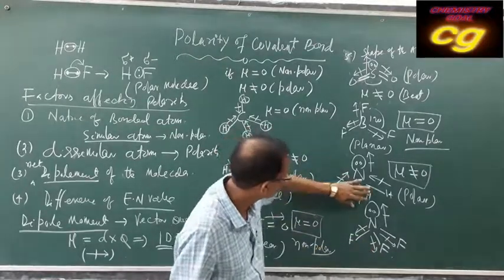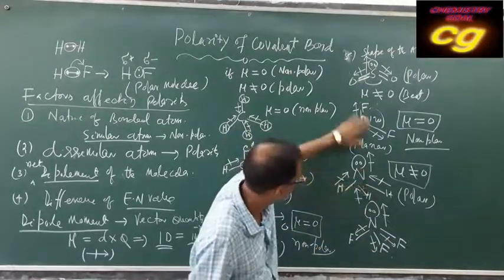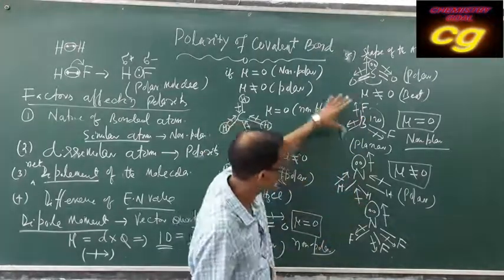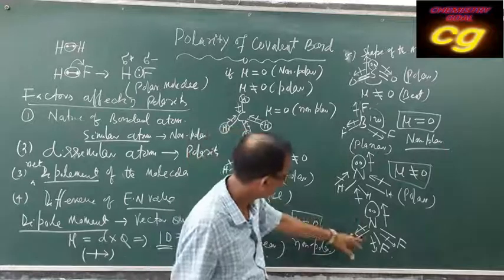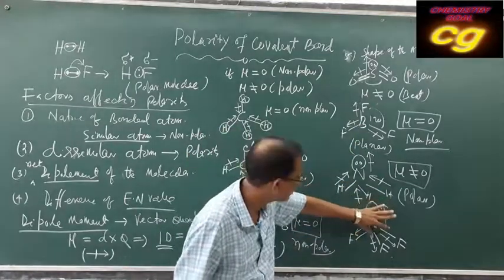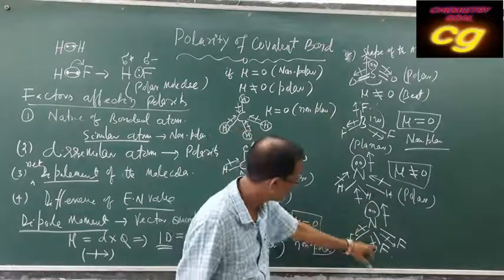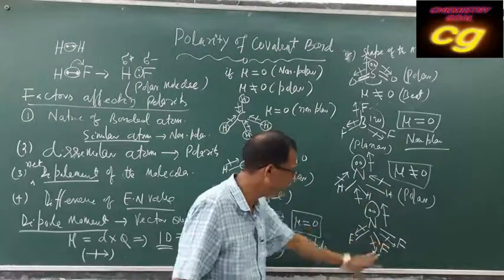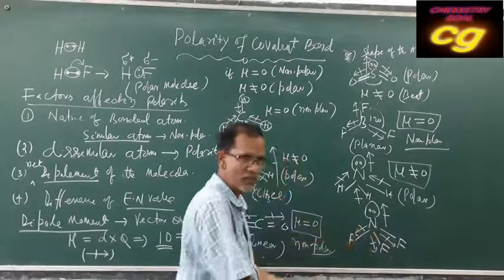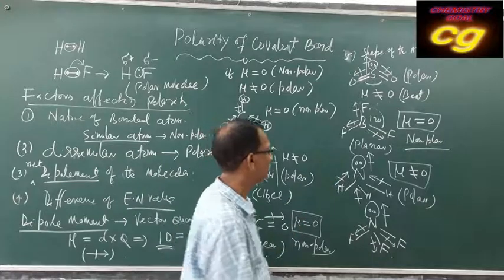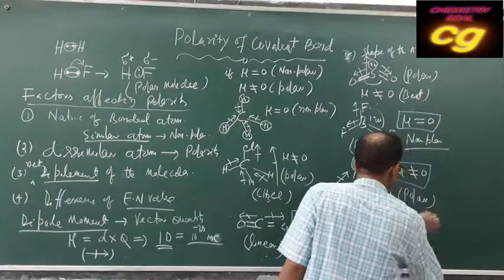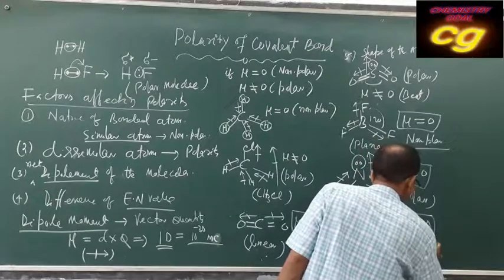In NH3, all dipole moments are in one direction, just like same current, same direction. But here the lone pair dipole moment is upward, while the N-F bond is downward because fluorine is highly electronegative. So mu is not equal to 0, and it is also polar.